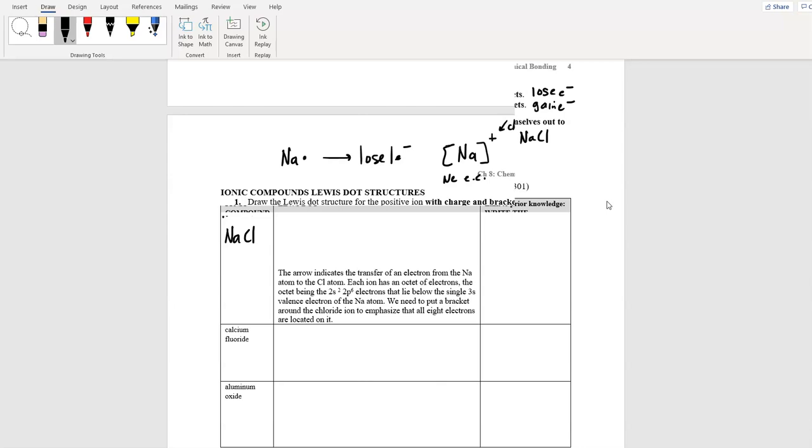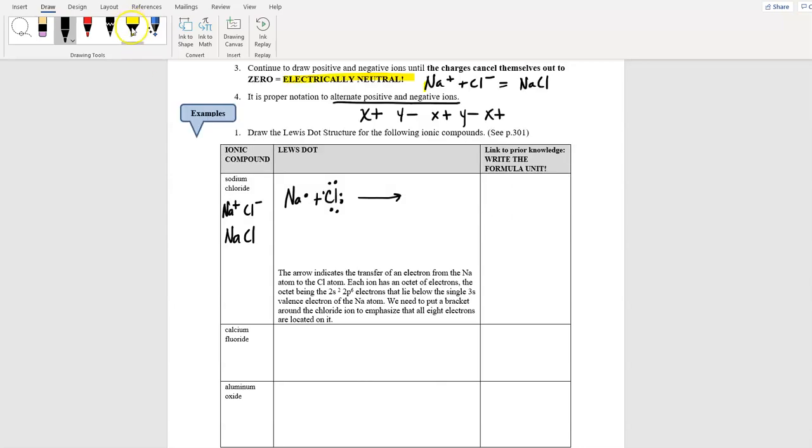And when they come together, you have to show something. It's called an arrow. You have to show me the arrow that indicates the transfer of the electron from who gave it to who. So sodium, because it's a metal, is going to give this one valence electron, and it's going to give it to chlorine. So you show an arrow for that reaction.